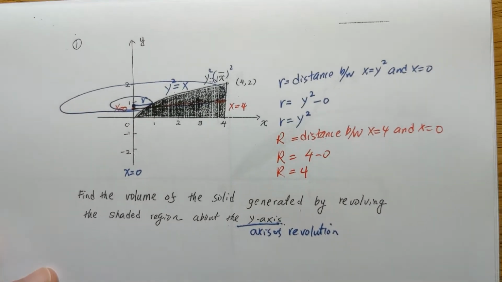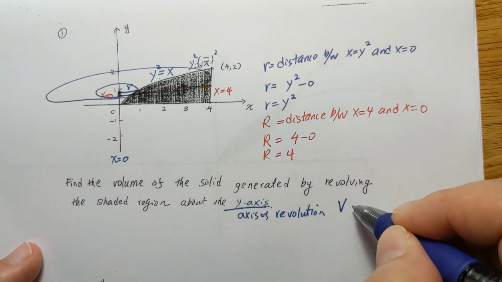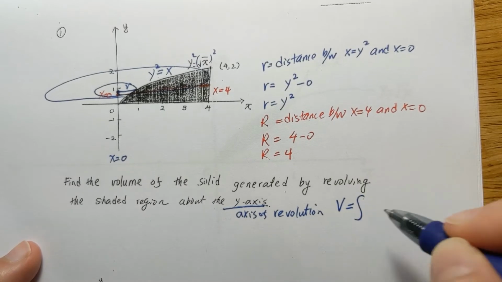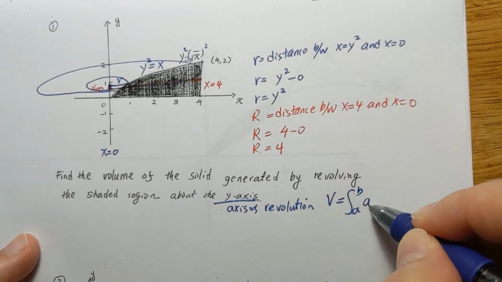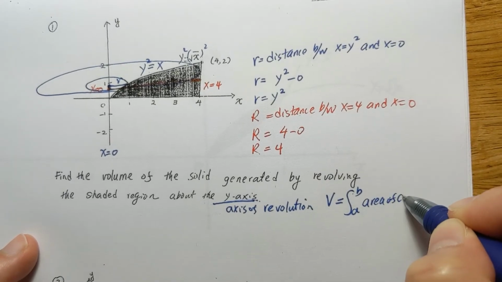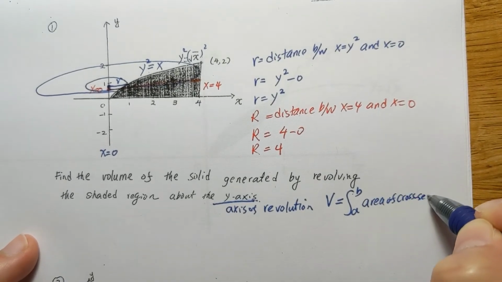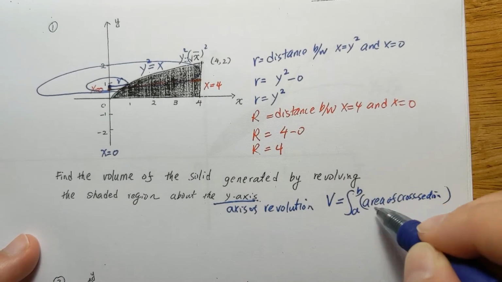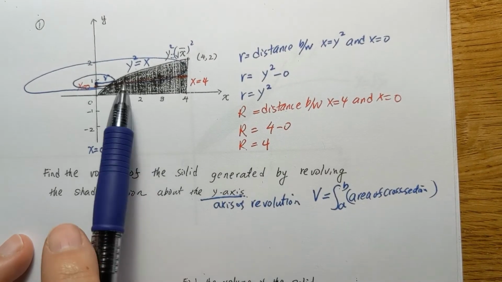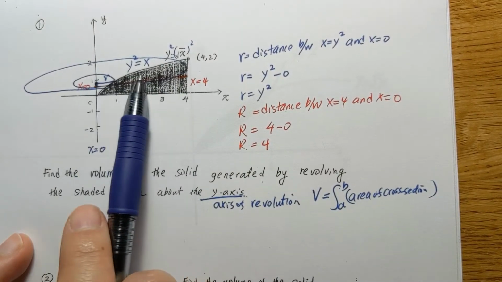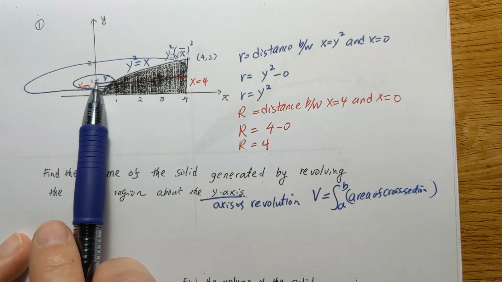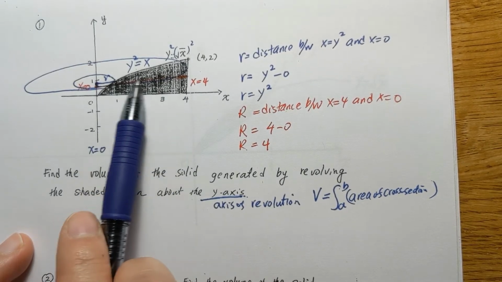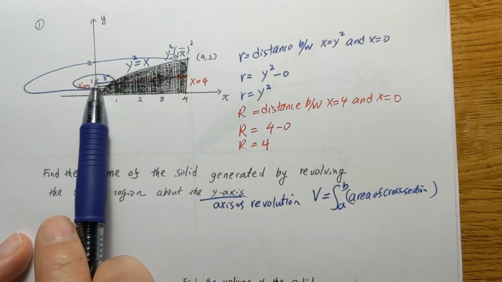Next, we're going to use volume equal to integral. So it's the same concept. It's A to B, area of cross section. Because this time you have a horizontal radius, for each little height over here, like when we talk about little disk, the little height is going to be delta y.